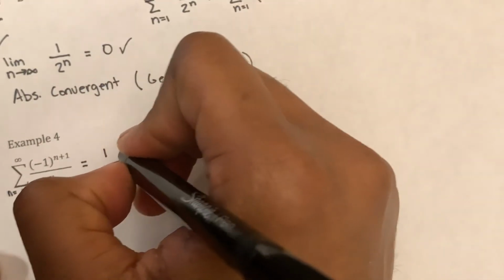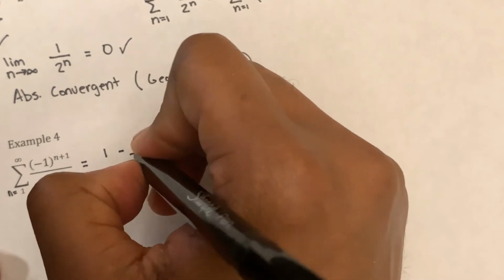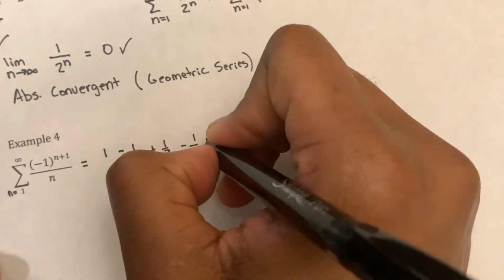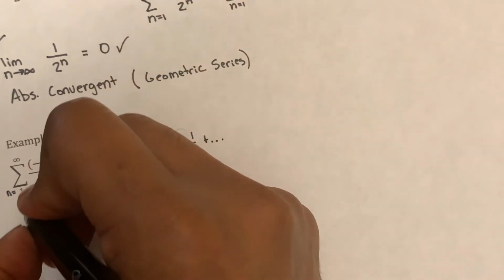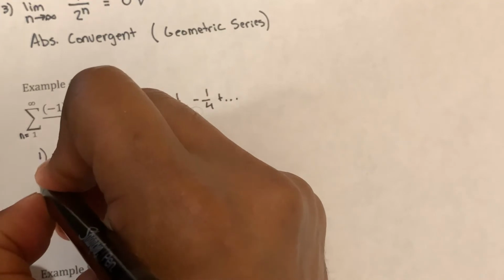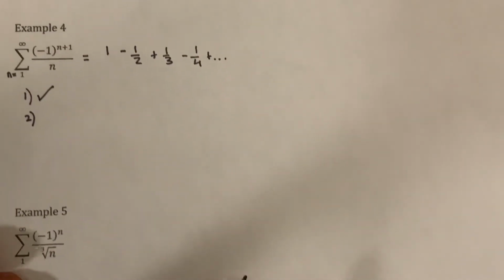If we list out a bunch of terms, we're going to have 1 minus 1/2 plus 1/3 minus 1/4 plus so forth. So 1, do they alternate signs? Yes. 2, do the terms decrease in magnitude? Yes.